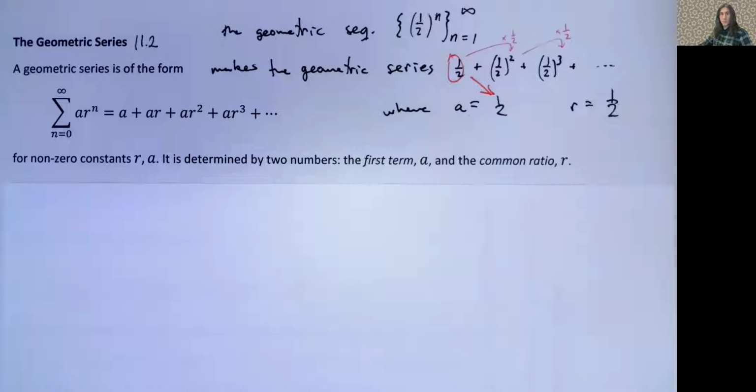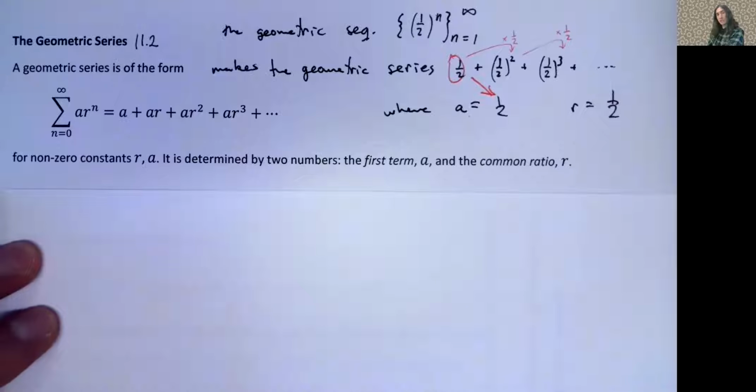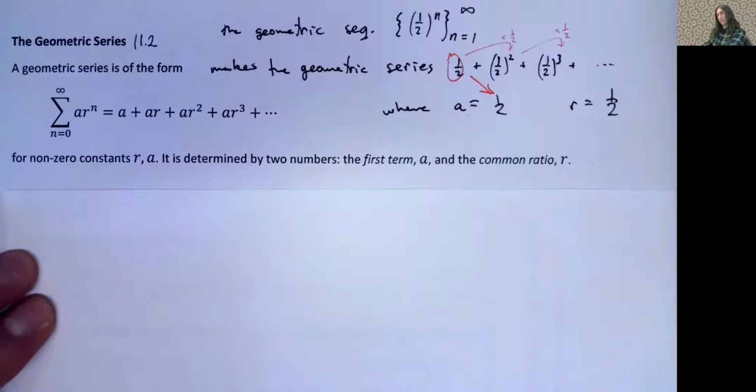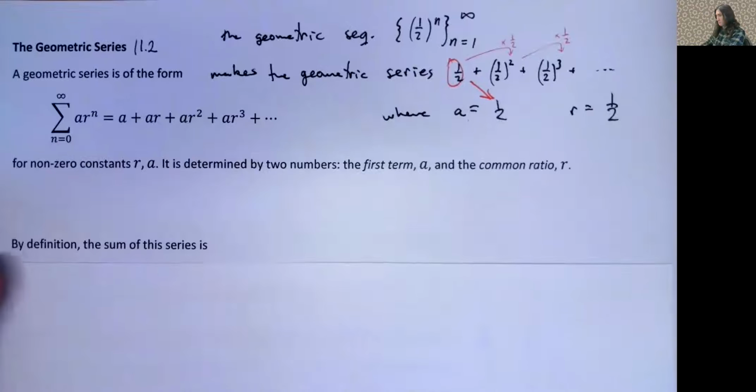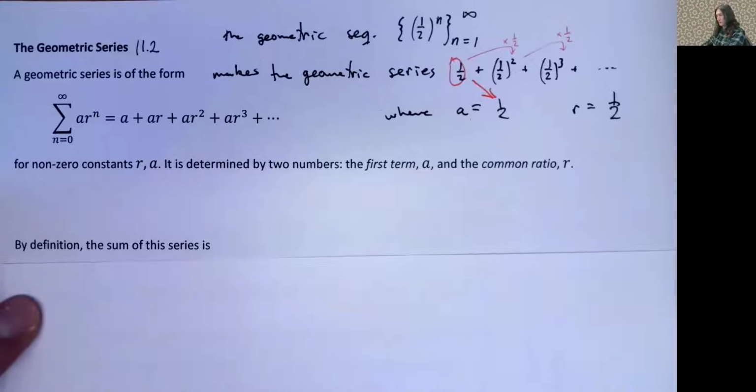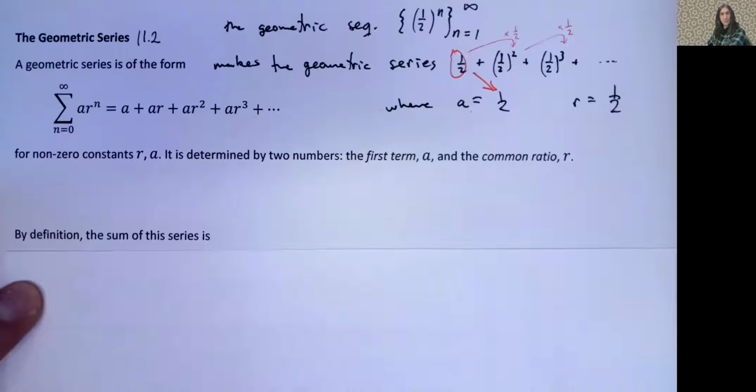But this is going to be the last one that we can actually find the sum of by using the partial sums. So let's take a look at how we can do that. It's not as straightforward as the telescoping series, but it is a nice demonstration, pretty easy.